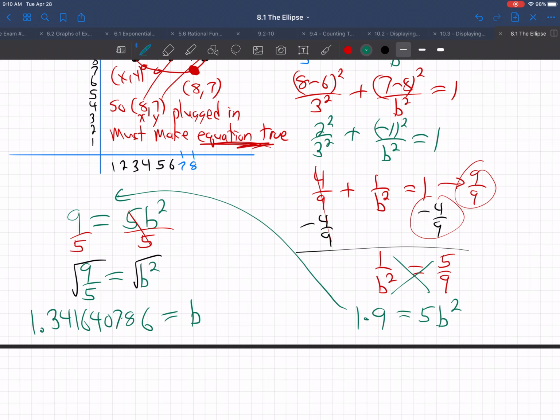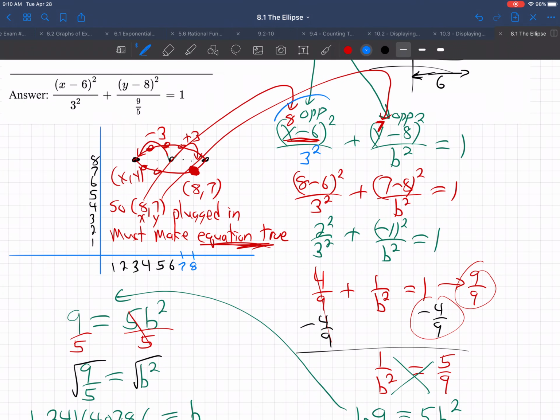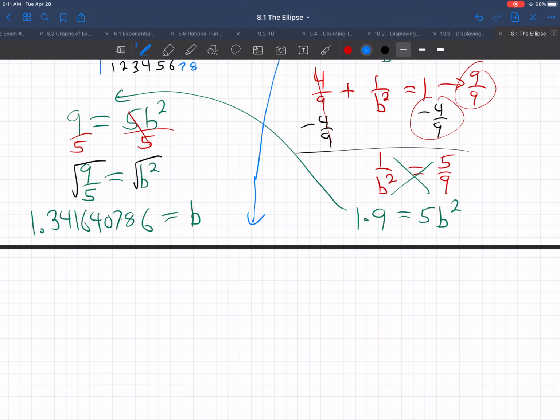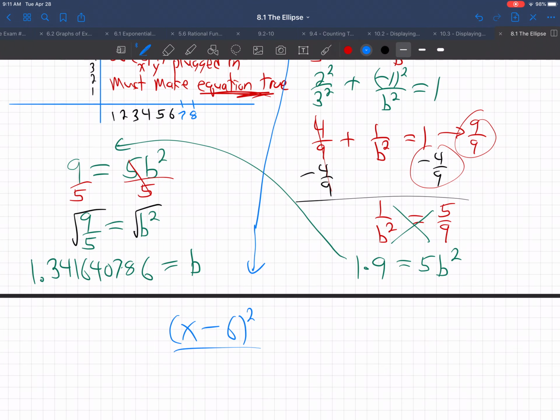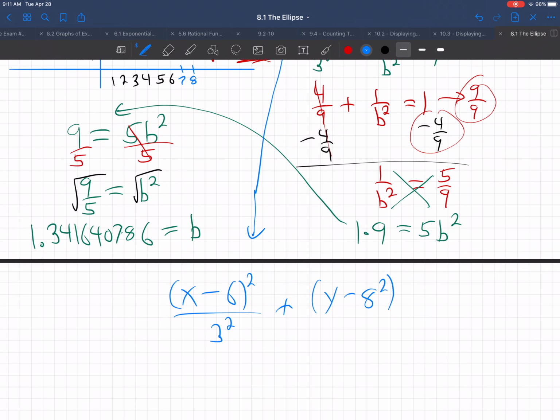All right. So we've got our equation now. So let's go back and we can write our equation. Here it was right here, almost done except for b. So bring this down. So we had x minus, what was it? 6 squared over 3 squared plus y minus 8 squared over b squared equals 1.